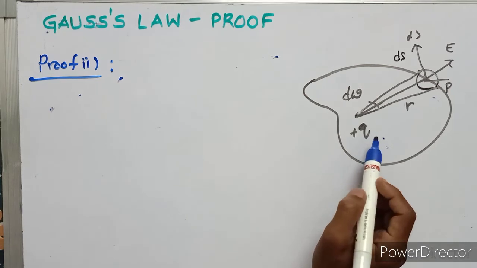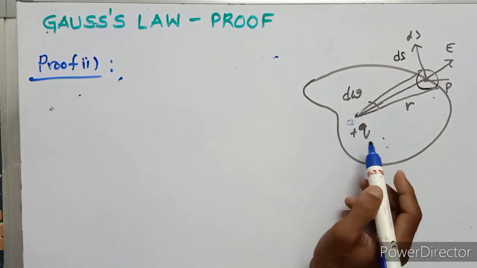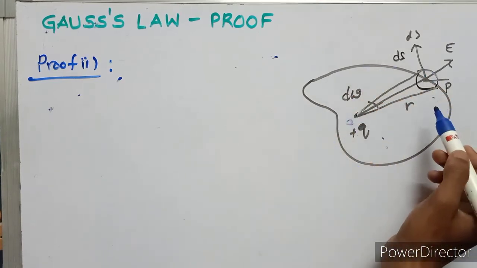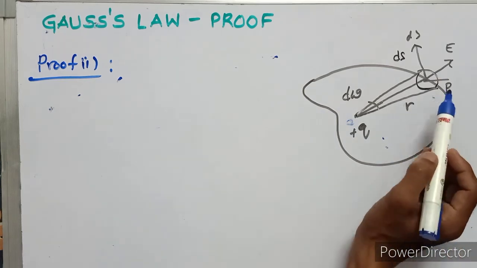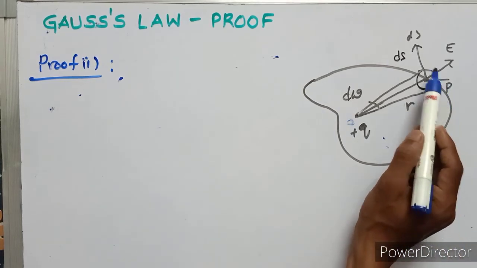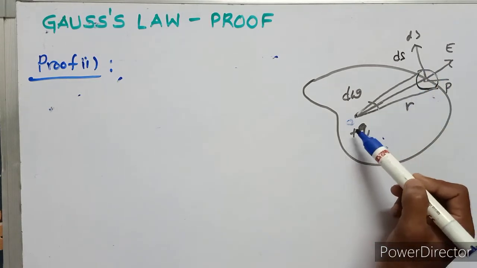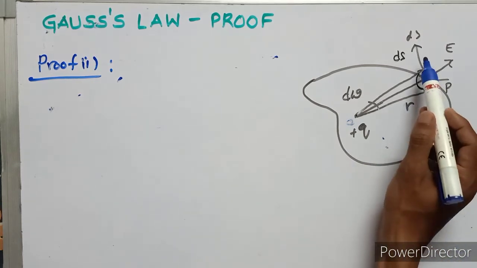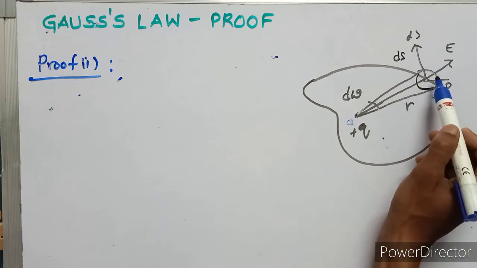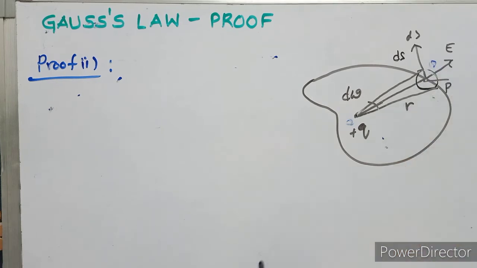Let a charge plus q be placed at O within a closed surface. This is the irregular shape. Consider ds an element of area around the point P on the surface, at a distance small r. Then the normal to the surface makes an angle theta with the electric field.